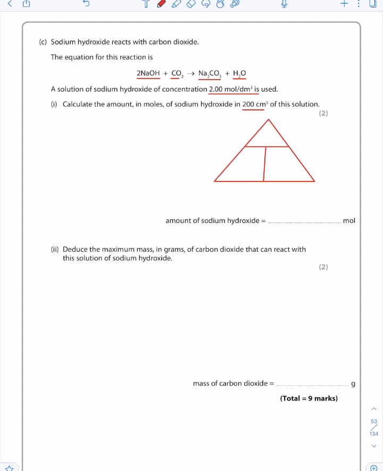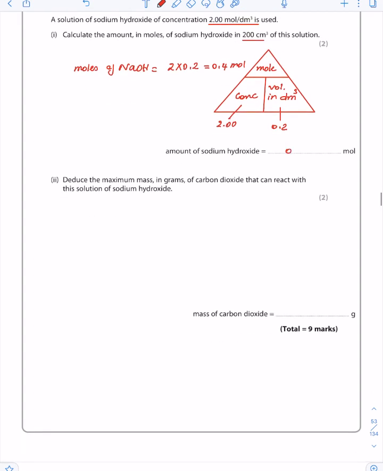Concentration is equal to moles over volume in cubic decimeter. معانا concentration 2 mole per cubic decimeter ومعانا volume 200 نعملها dividing 1000 تطلع 0.2. يبقى فاضل لنا اجيب المولز of sodium hydroxide. Moles of sodium hydroxide is equal to 2 by 0.2 يبقى give you 0.4 mole. هنا نكتب 0.4 moles.